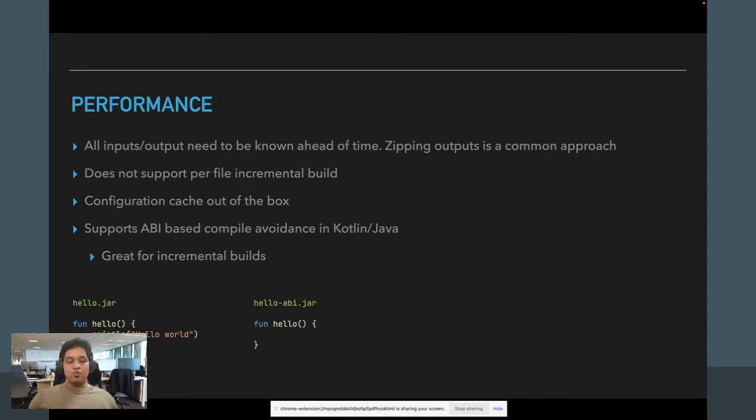So when I edit hello world into, let's say, hello Chicago Roboto, it does not change the output of the hello ABI jar. That means all the dependent modules need not recompile. And this is one way of reducing the scope of your changes. So going back to the 10 Kotlin file example, I can simply split the target into multiple build.bazel entries, and all of the dependent modules won't recompile as long as I make small changes.